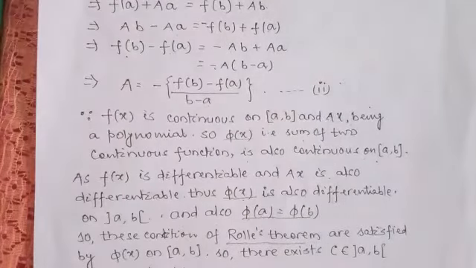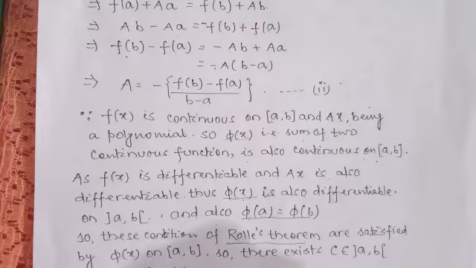Phi a is equal to phi b, phi is continuous, and phi is differentiable. It means these three conditions together satisfy Rolle's theorem, which I have already read in the previous classes.